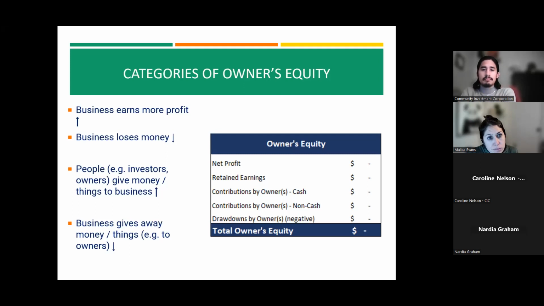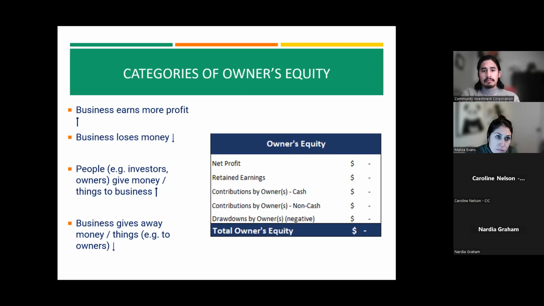Retained earnings, which we're going to do some samples of here, is a combination of the profits and losses that have happened in your business over the course of your business. So if in the first year you made $500, and then the second year, you list that year's profit under net profit, and then the $500 will drop down into your retained earnings.